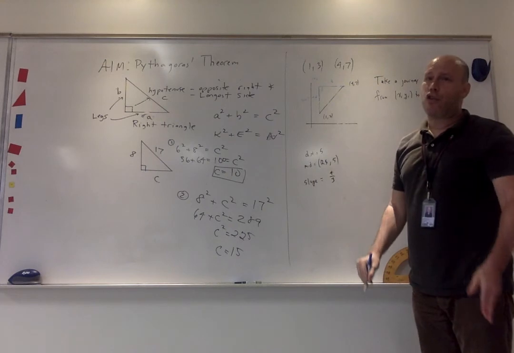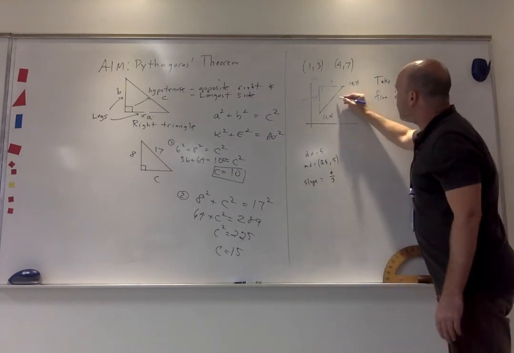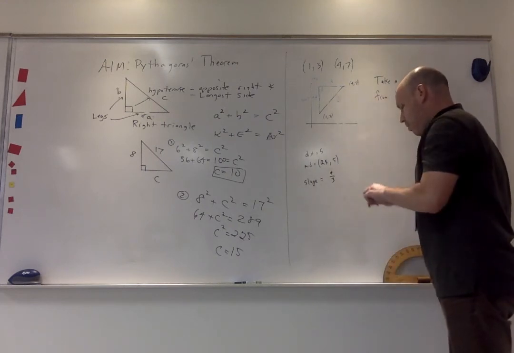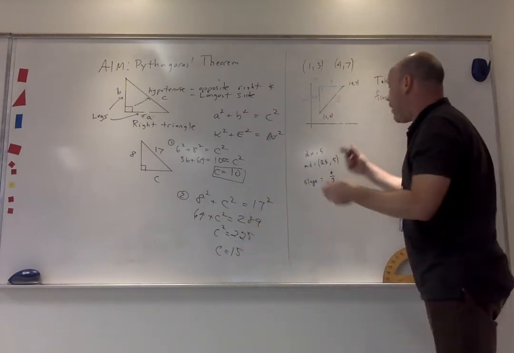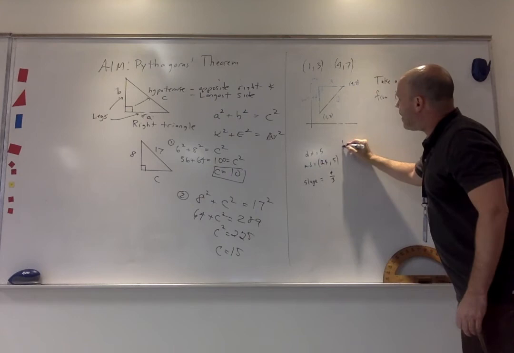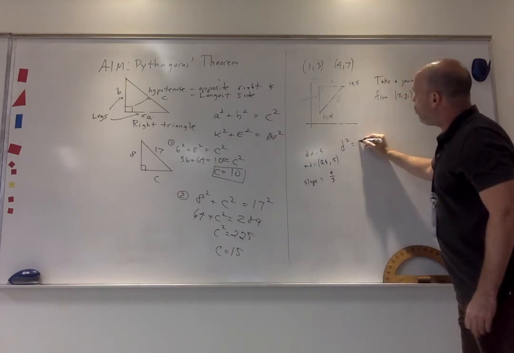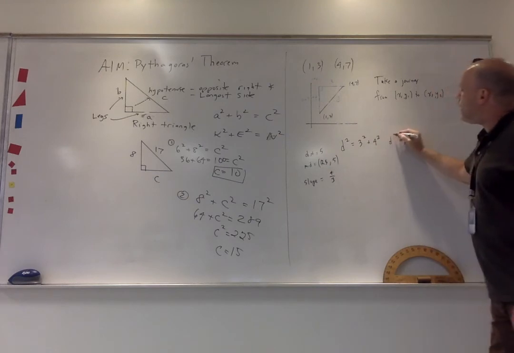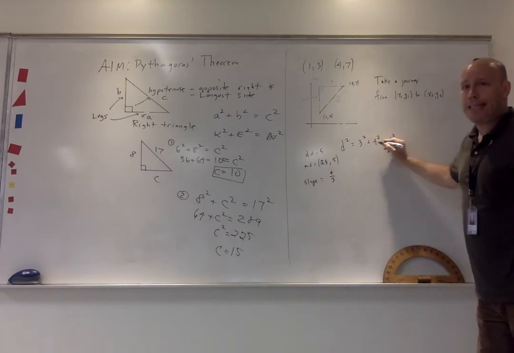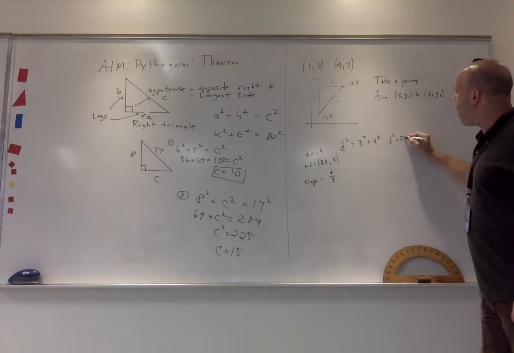And so we could say the distance: on graph paper, we just made a right triangle, and we can say, you know what? That distance squared is equal to 3 squared plus 4 squared. D squared equals 9 plus 16, which is 25. The distance equals 5.